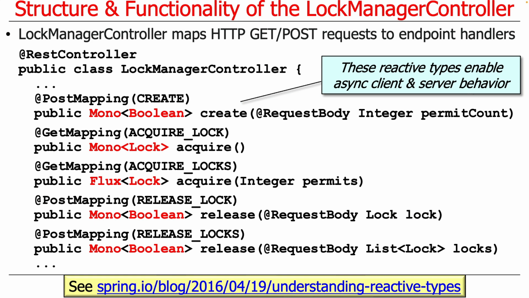So unlike before with the Spring Web MVC version, where we returned a Boolean or a lock or a list of locks and so on, now we're returning reactive types like monos and fluxes. And you can see in most cases we're returning a mono, but in one case we return a flux because we're going to get a bunch of permits, not just one.